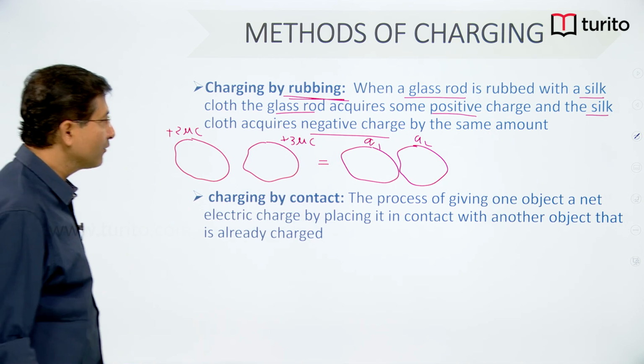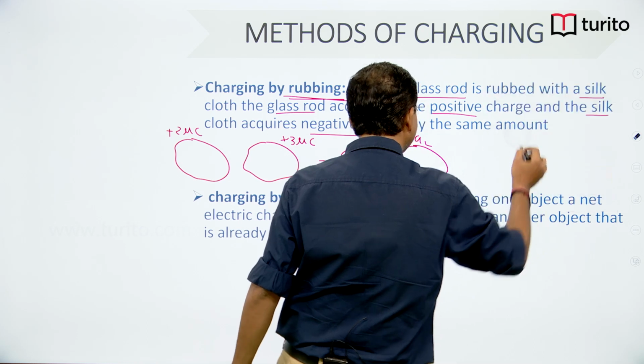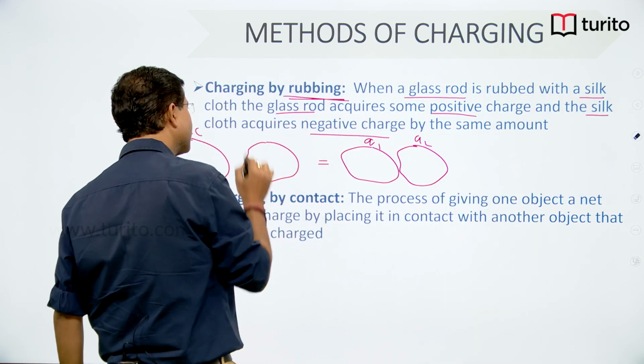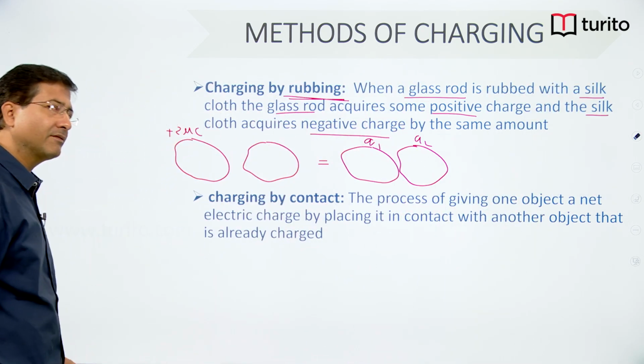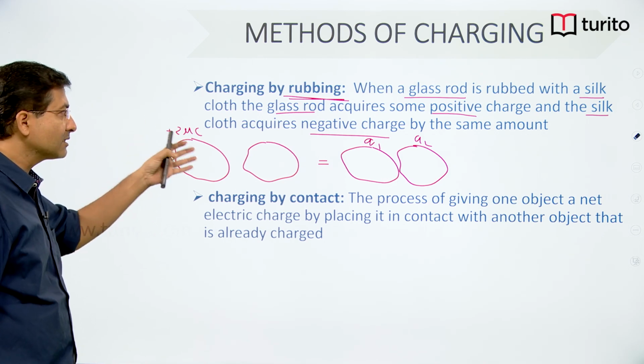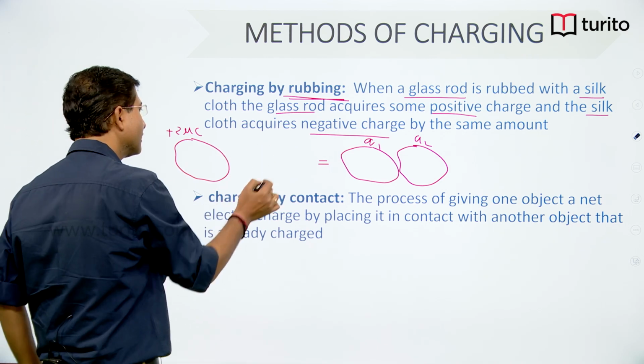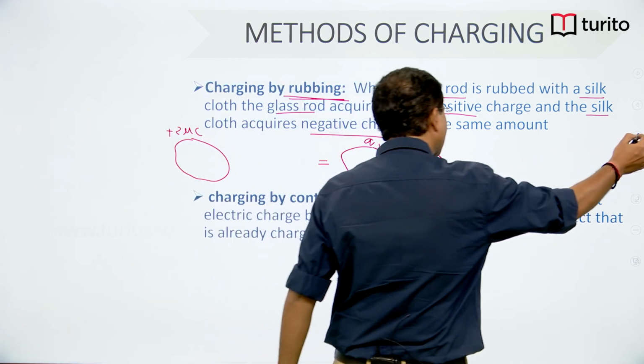For example, if our second body is not having any charge, assume that this is a conductor which was not having any charge, and we put a conductor having charge in contact with it, then the first one receives the charge from the second one.